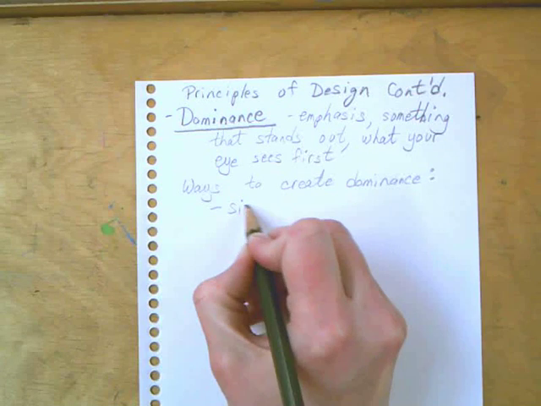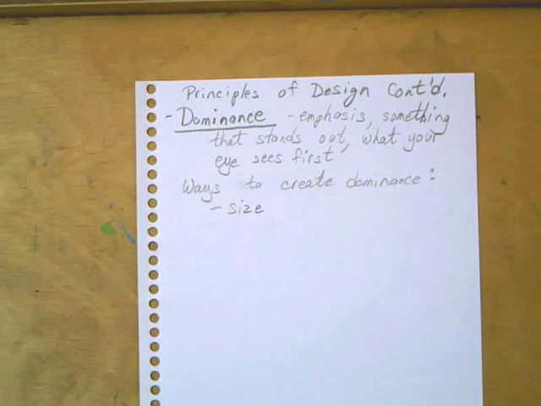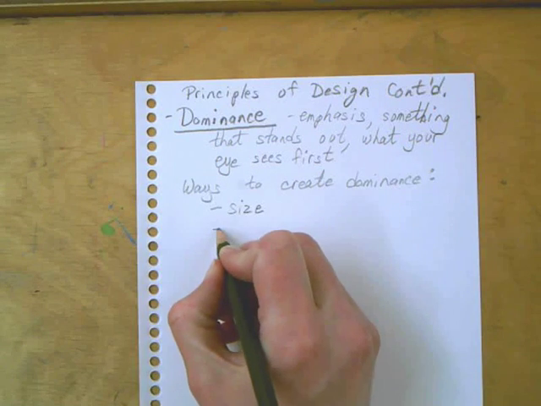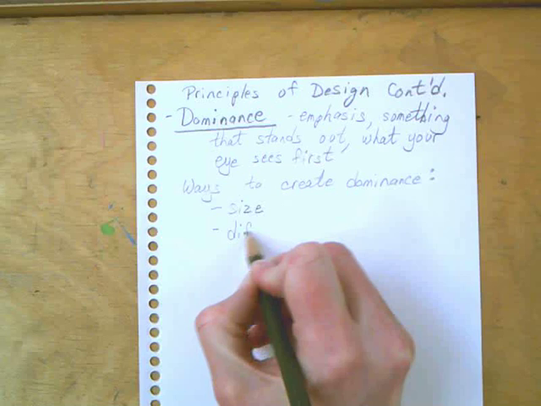You can change the size of something. If something is much larger than the rest, that's going to stand out. Or if something is much smaller than the rest, it's going to stand out. You can have a difference of value or brightness.